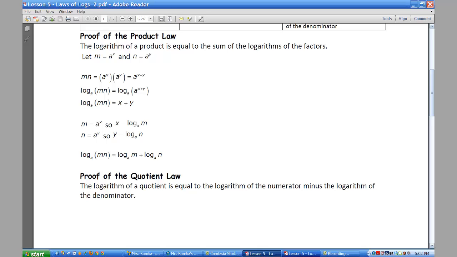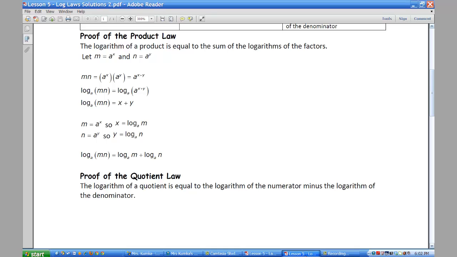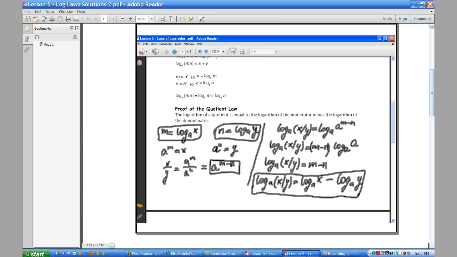Alright, the quotient law works very similar, and you pretty much do the same process in terms of proof, except now we're going to be working with division, and that division is going to be turning into subtraction. Let's look at this. So I'm going to substitute my m with log a of x and n with log a of y.